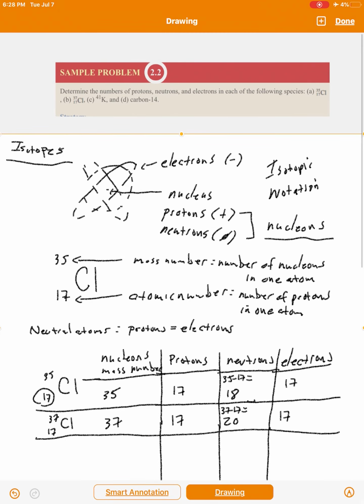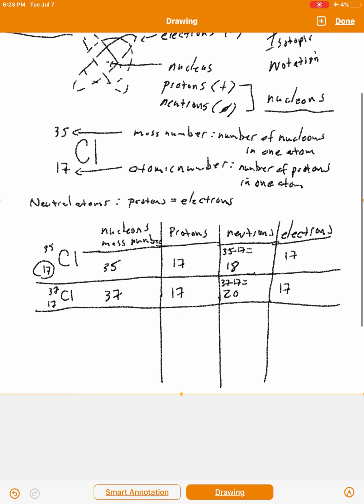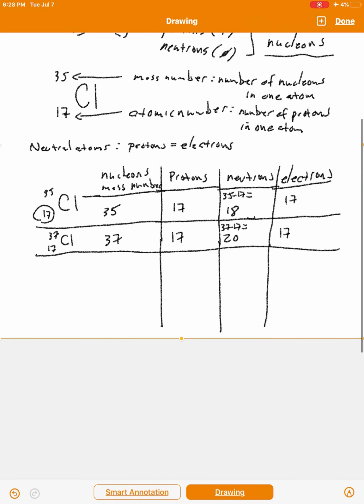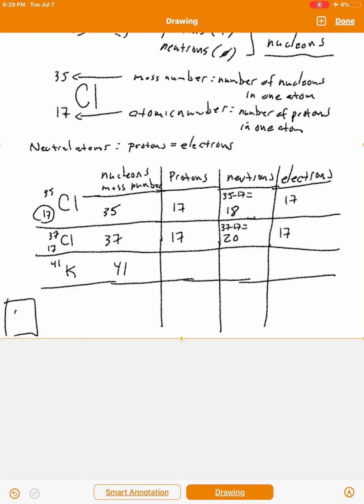The next one is potassium 41. Now this one, they don't give us all the information. Not cool. So we actually have to do a little research on this one. We do know the mass number is 41, but we don't know the atomic number. So you look it up in a periodic table. Go to the periodic table, and what you'll find is that potassium is element number 19.